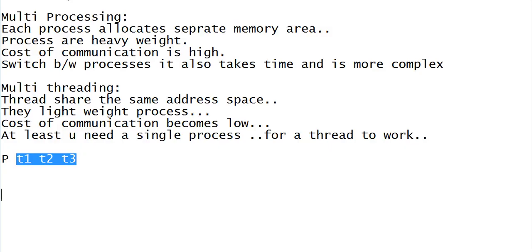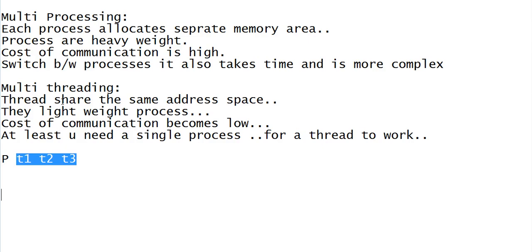if a notepad is open and at the same time Microsoft Word is open, the two processes are executing, two software are executing at the same time. The notepad is executing and Microsoft Word is also executing. But you cannot write simultaneously on both.